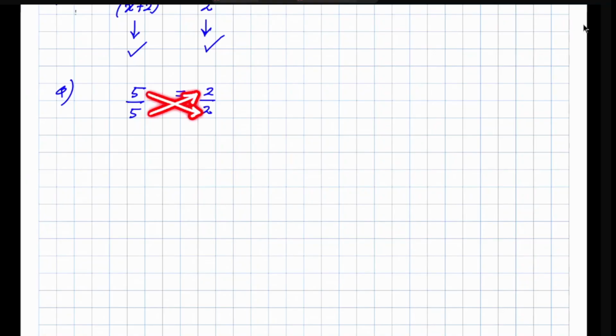So when you have 5 divided by 5 is equal to 2 divided by 2, you can just put this one over here. If you do that, this is going to be 1 divided by 5 is equal to 2 divided by 10. Correct.